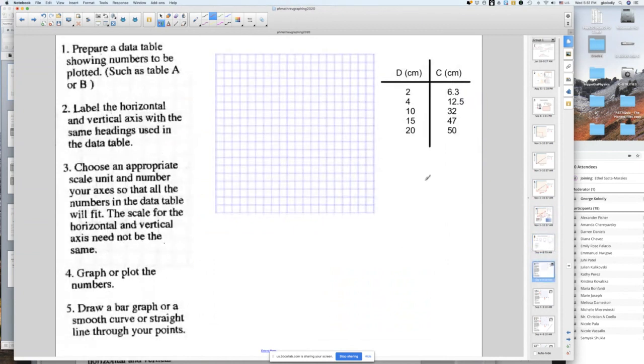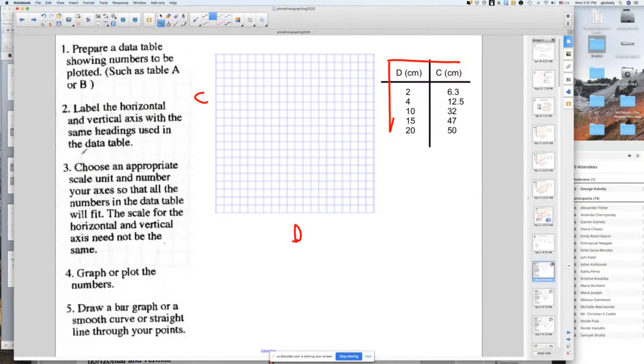Don't forget, when you make a graph, first you prepare a data table. This is the data table. Then you label the horizontal and vertical axes with the same headings used in the data table, in other words, D and C. I'm going to do it real quick here, but the next slide I have nice. Choose a scale.